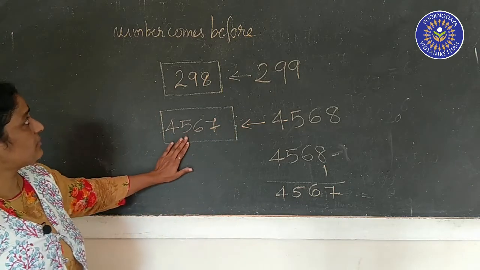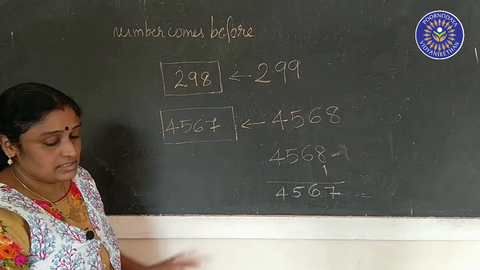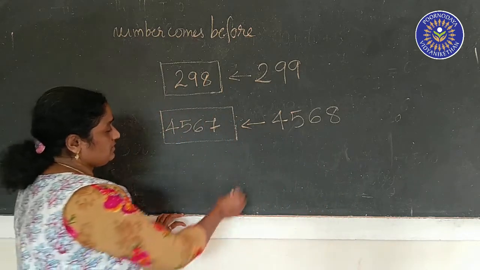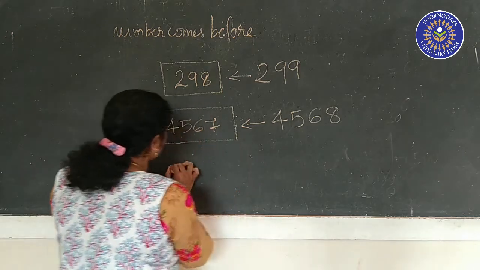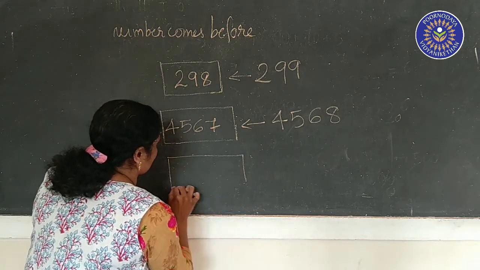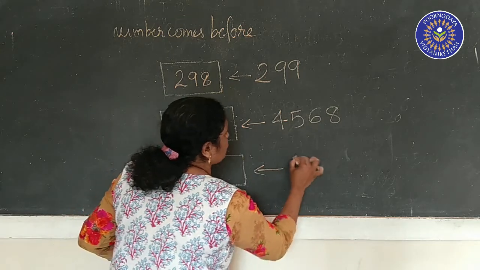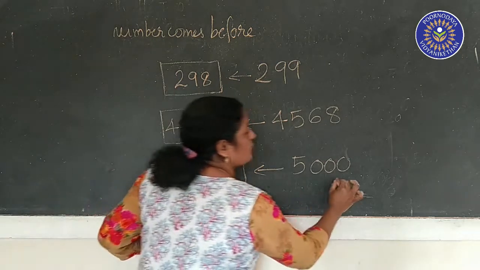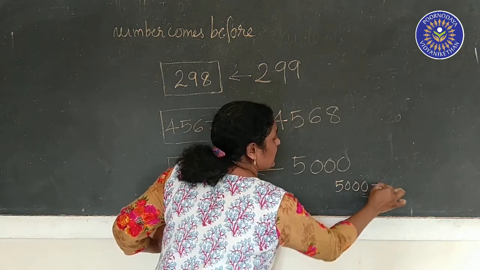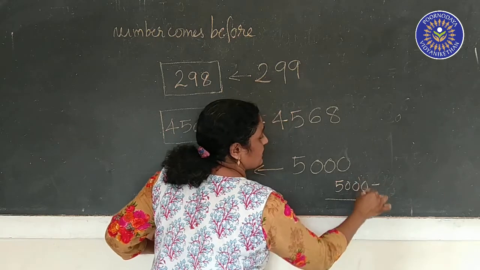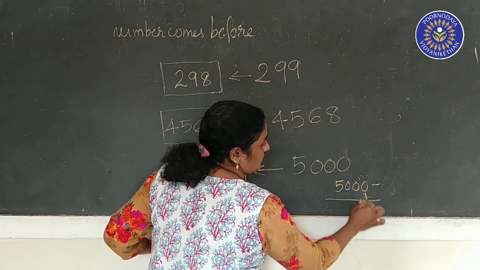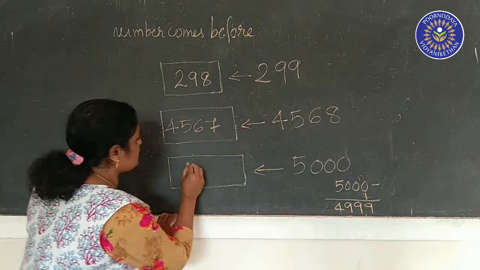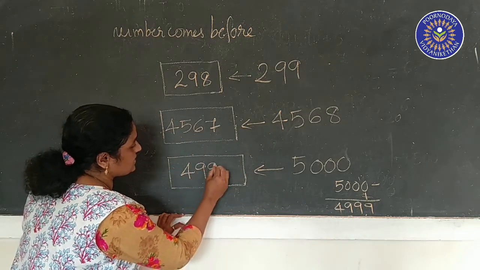For getting the number before a number, we should subtract 1 from the given number. One more example. The number before 5000. We will get 5000 minus 1. 10 minus 1, 9. Here is also 9, 9, 4. We will get 4999.